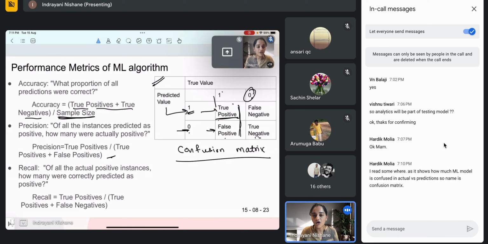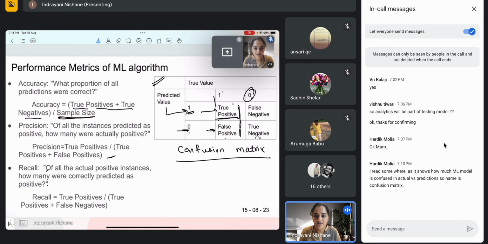Now coming to recall value. As precision says, how many instances are predicted as positive out of the predicted ones, recall is, out of all the positive instances, how many are correctly predicted as positive, right? As this definition suggests, the recall formula is the number of true positives, divided by the actual positive instances.